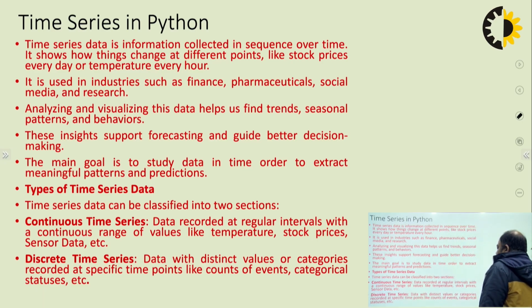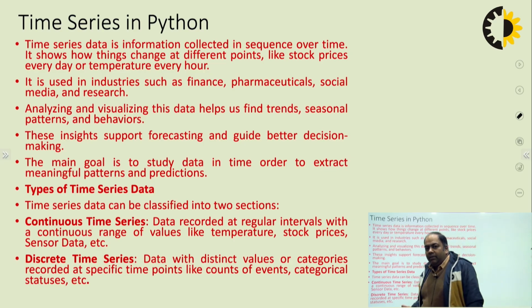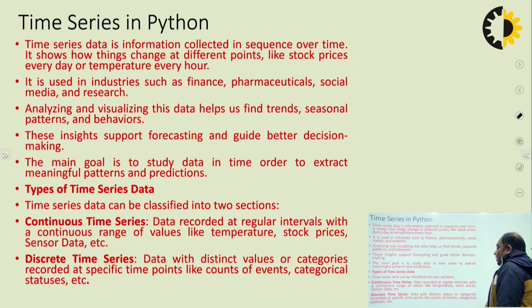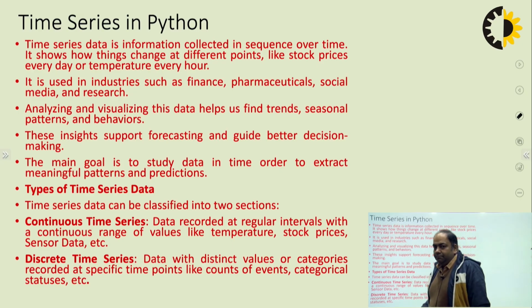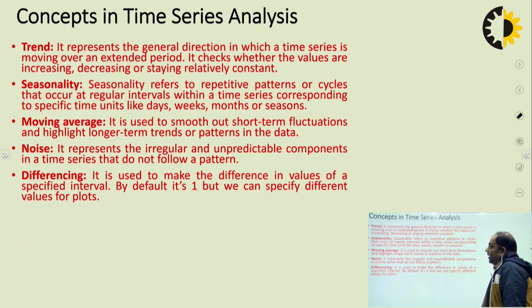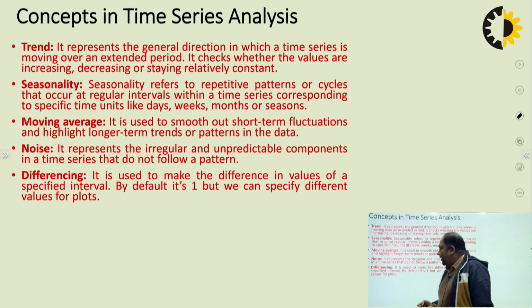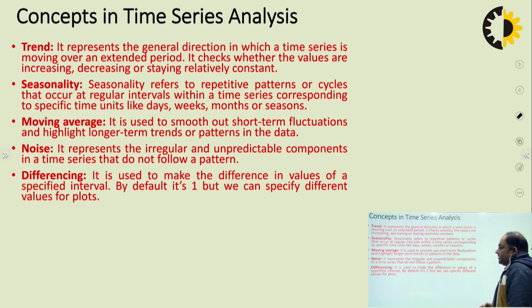A very nice example of continuous time series is what we see in a stock market. And in discrete time series, we can count the events. It has four or five concepts, which are trend, seasonality, moving average, noise, and differencing.